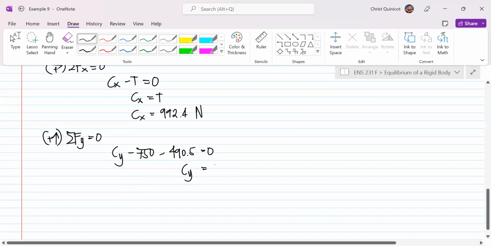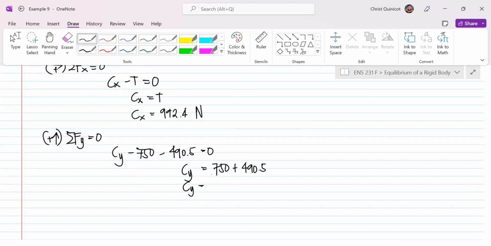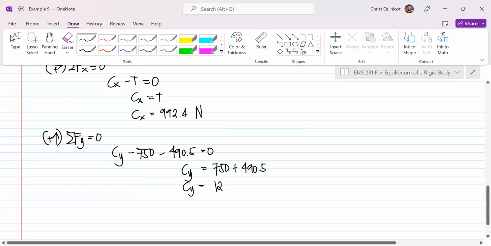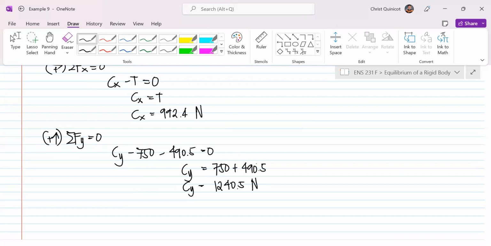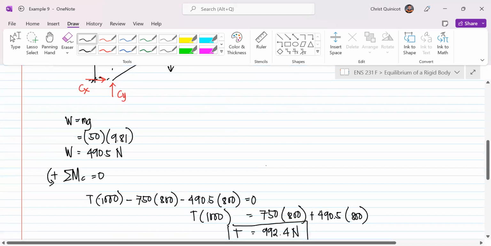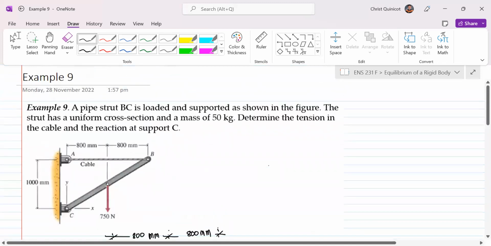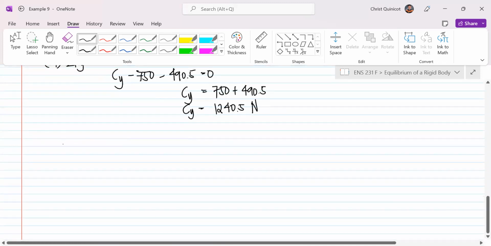C sub y is equal to positive 750 plus 490.5, that's 1,240.5 Newton.